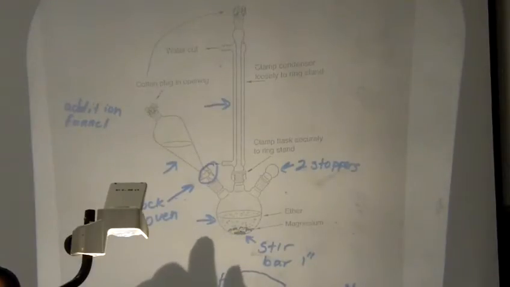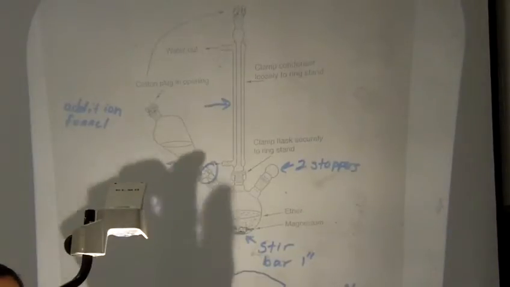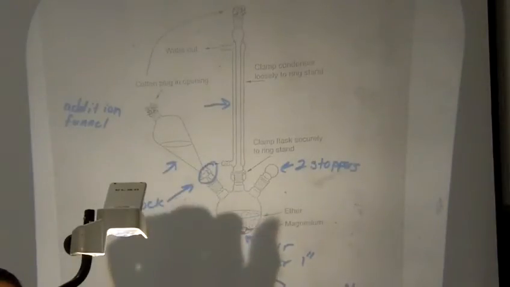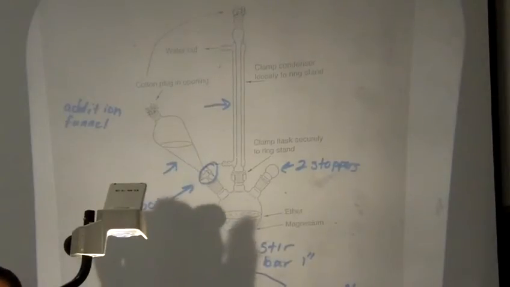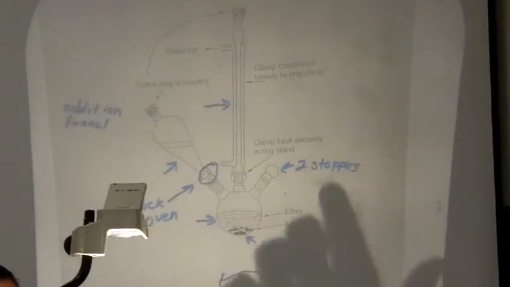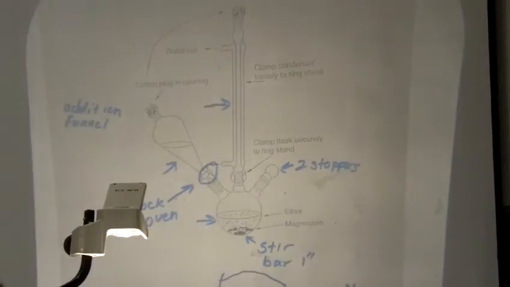If you start seeing that, that means there's reaction happening on the surface of the magnesium, and we're going to start adding that alkyl bromide dropwise and control the addition. We don't want it going too crazy, but we don't want it petering out and stopping, because it's really hard to get this reaction going again, okay? So we'll help you with this part. This is the setup that you're going to use, okay?